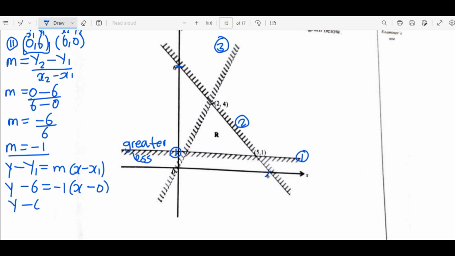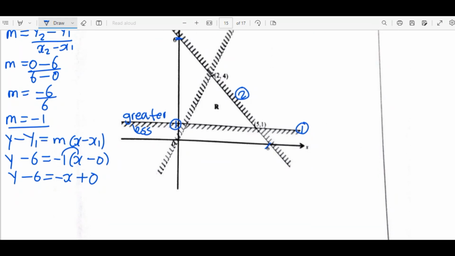We can now expand the right side of our equation. So negative 1 times x is negative x plus 0. Then let us collect the like terms. So for us to collect the like terms, this number will shift to the right side, giving us y is equal to negative x plus 0 plus 6, which is our final answer, negative x plus 6.